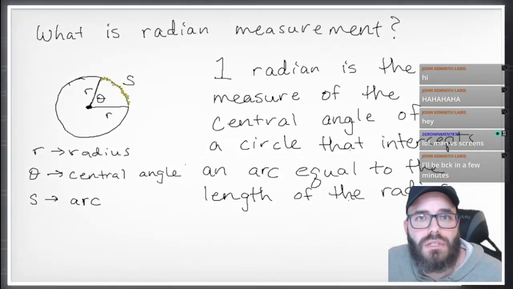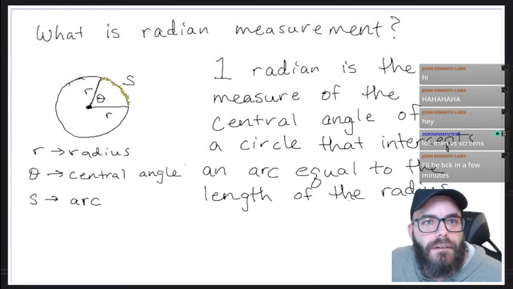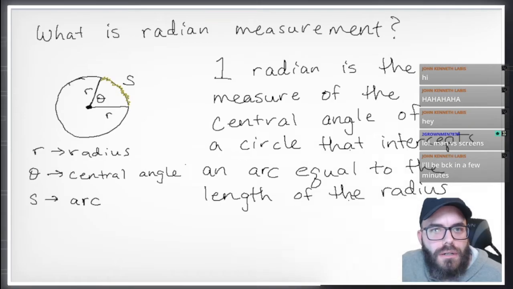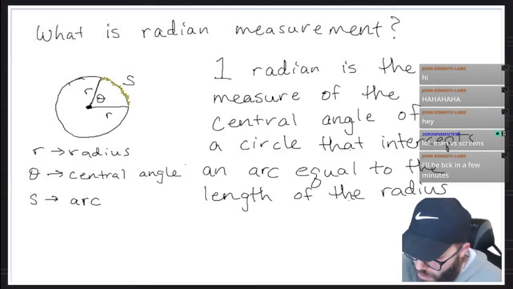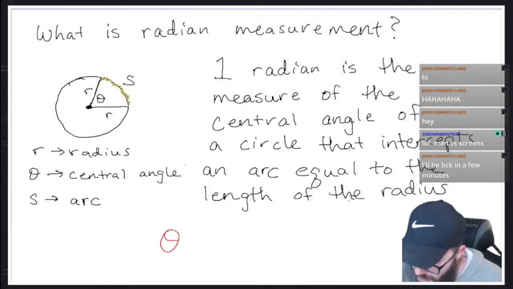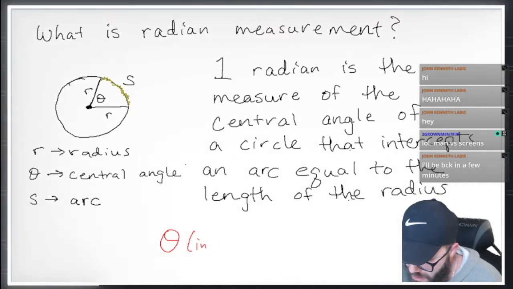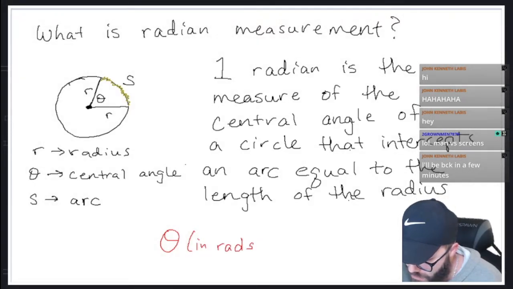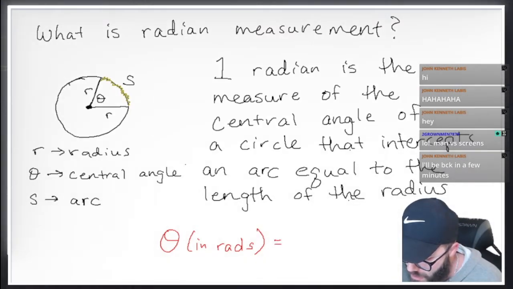So in other words, theta, in radians, theta is in radians, is equal to S over R.